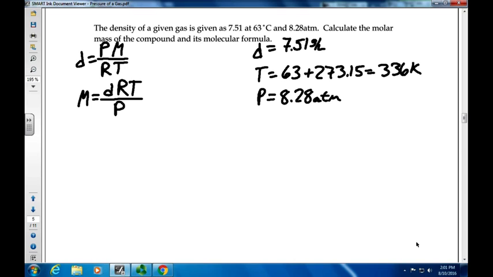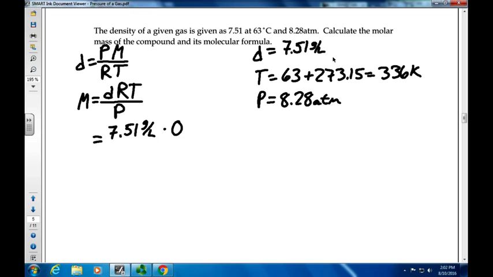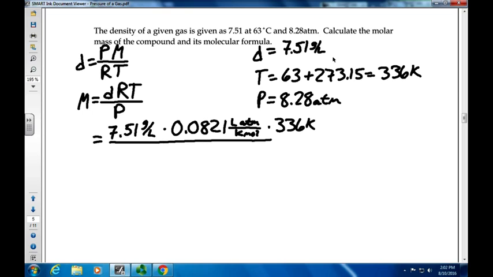So we simply do the calculation out, and we get 7.51 grams per liter times 0.0821 liter atmospheres per Kelvin mole times 336 Kelvin, all over 8.28 atmospheres.